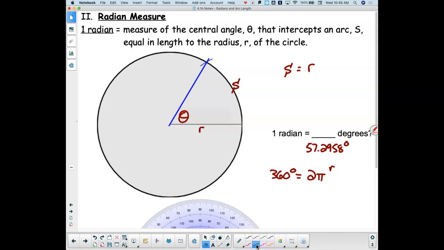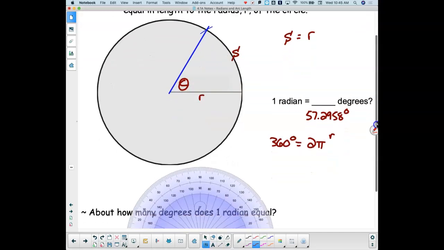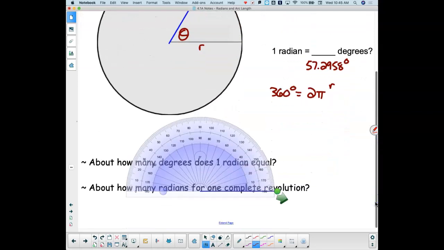On the TI Inspire calculators, it's up in the upper right-hand corner. It'll either say RAD or DEG. You need to be cognizant of it because your calculations are going to be different based upon which mode you're in.